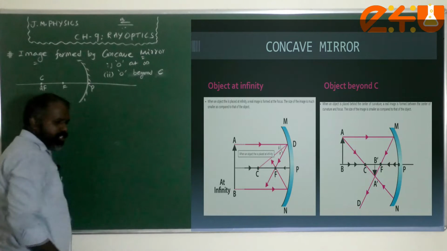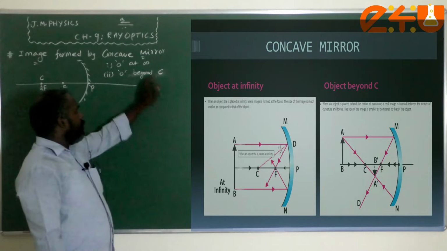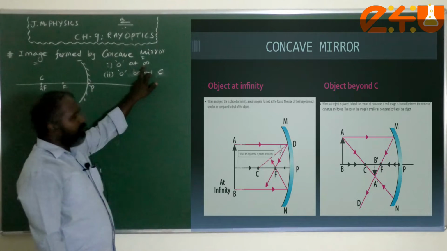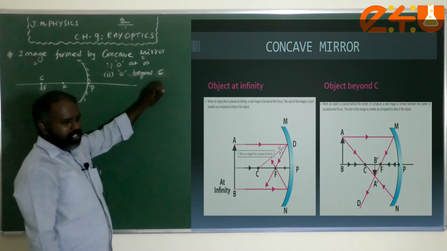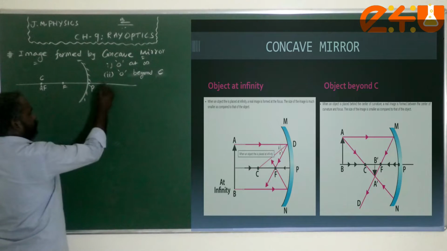Object beyond C. What is the difference between this and the first? The first is a very far distance, but this is a finite distance beyond C, the second position of the object.